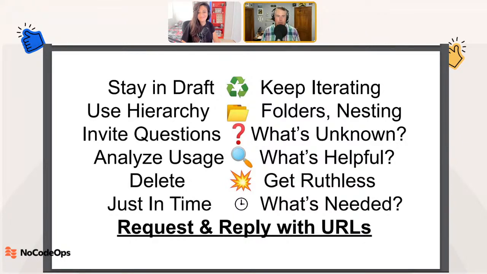No one should have to Google that for you, right? And no one should have to ask back, hey, what URL are you looking at? It's really, really important that you make it easy for the other person to take action on your requests.